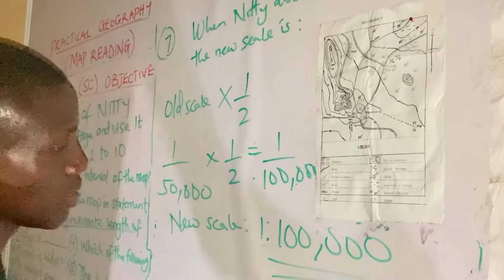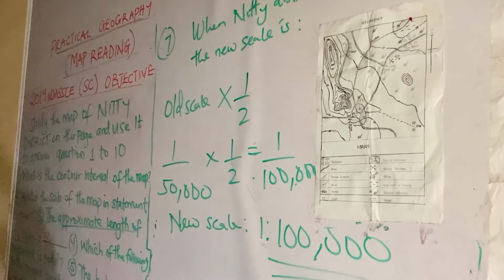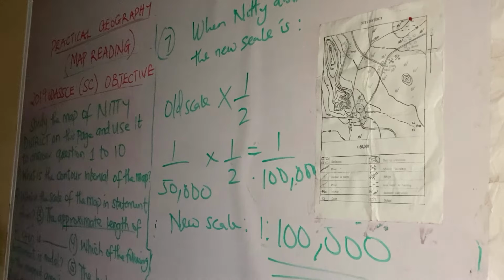So that's the new scale. If it is to be reduced, that will be 1 ratio 100,000. The new scale in RF, yes, that's what we get in RF.